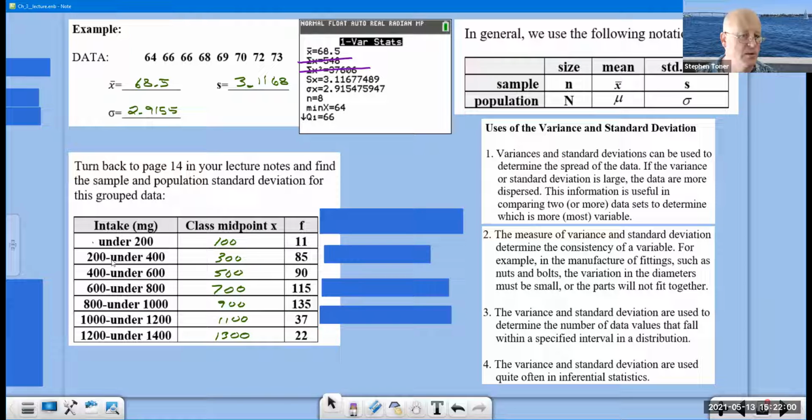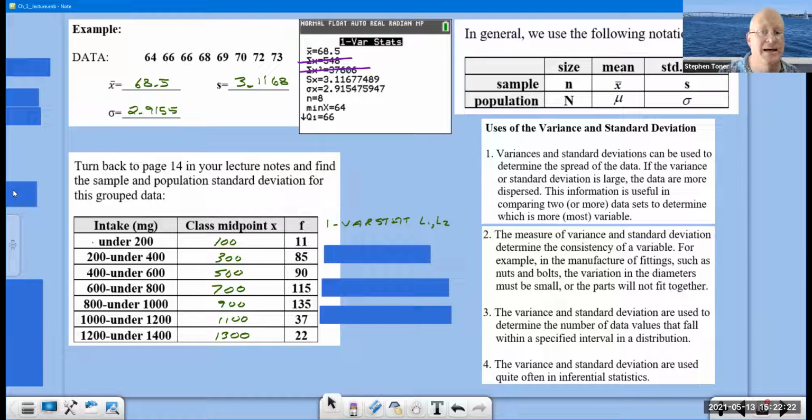For example, we went from 0 to 200, and we took the halfway between the lower class limits to get the 100, etc. Now, if you want to find the median of all the different calculations for this data set, you're going to go into one var stats and use L1 and L2. Now, let me show you how we're going to do that on our calculator.